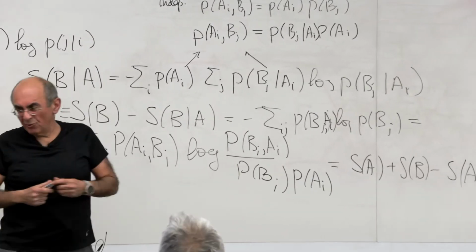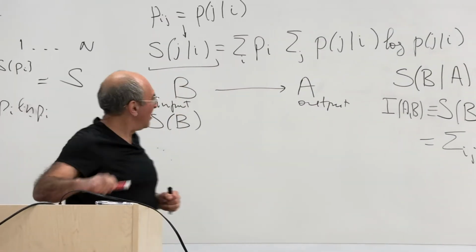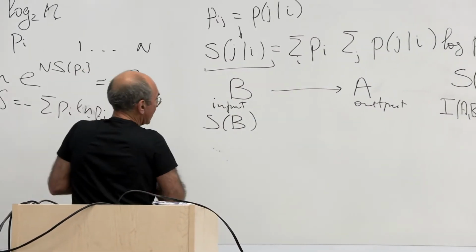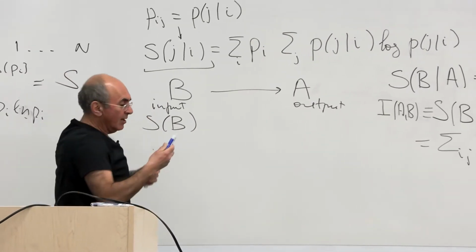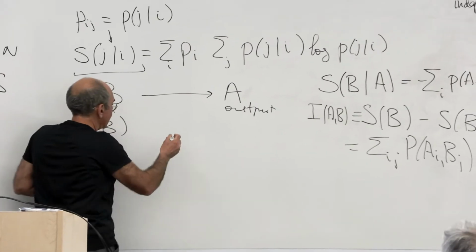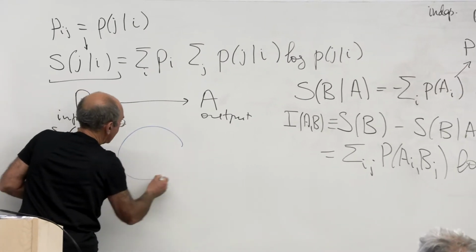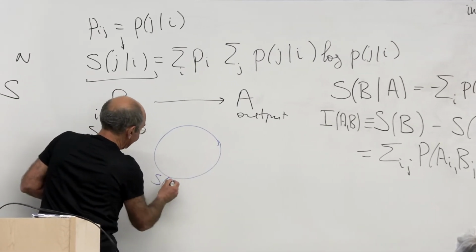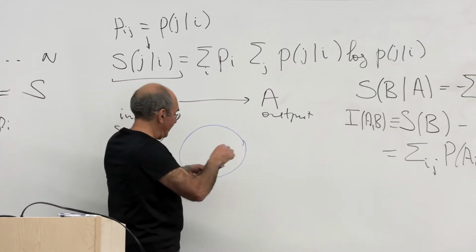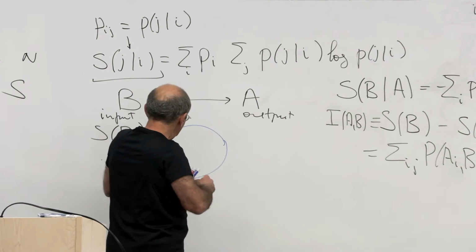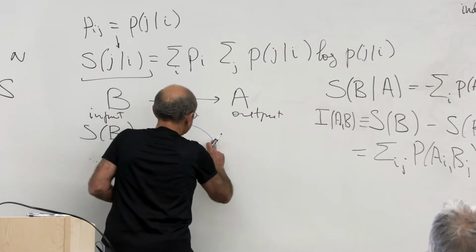Sometimes people draw what is called a Venn diagram to visually illustrate it. So if you have something that you can call, this would be S of A, all right? It's kind of a measure, so you can look at it as a set.